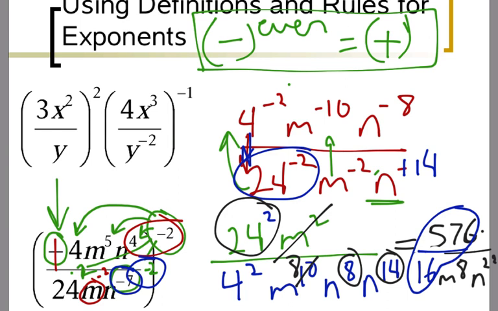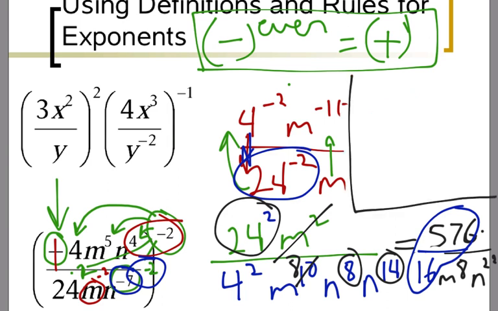So my final answer, which I don't have room for, let me erase some stuff. Final answer will be 36 on top, because 576 divided by 16 is 36, over m to the 8th, n to the 22nd. And that's as much canceling and reducing as we can do for this particular problem.